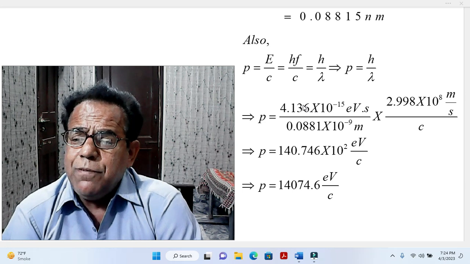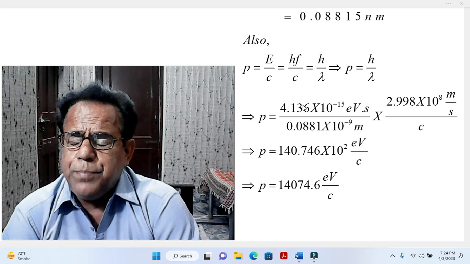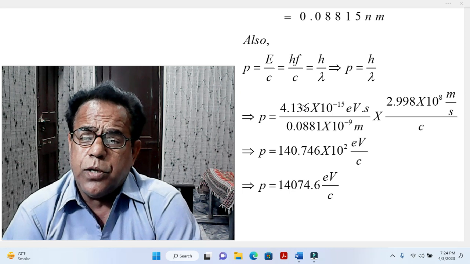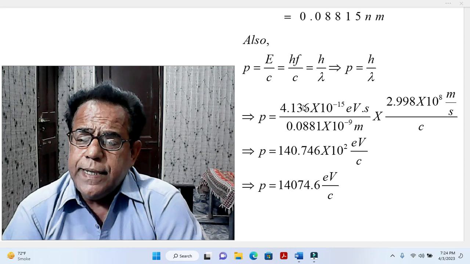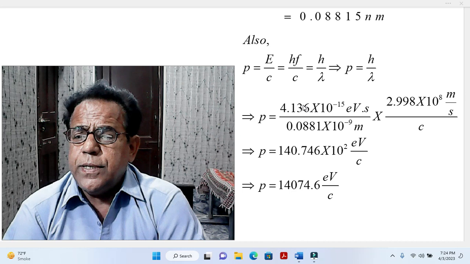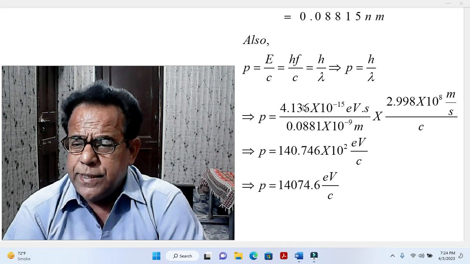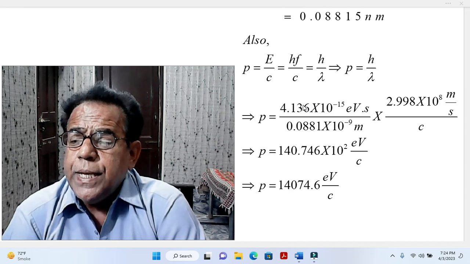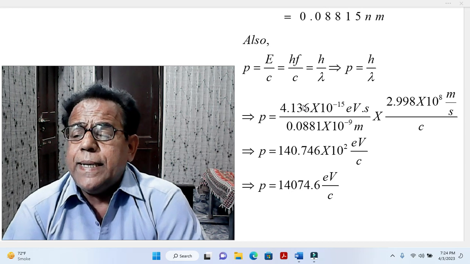Then we have made an arrangement just in order to facilitate us, in order to reach the desired solution. What arrangement have we made?